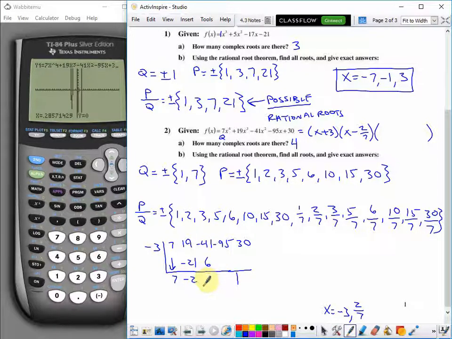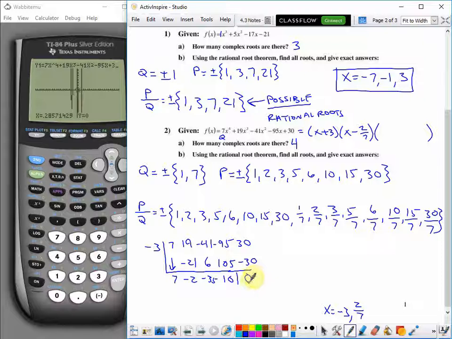So that's going to be -35. Multiply, and I'll get positive, so negative 3 times negative 35 is 105. Add, and I'm going to get 10. Multiply, negative 30. Add, and I get 0.